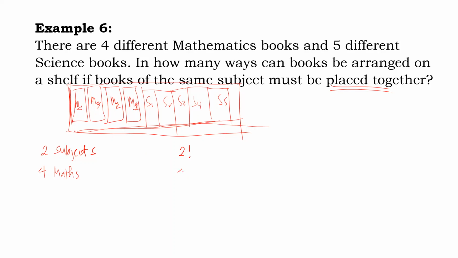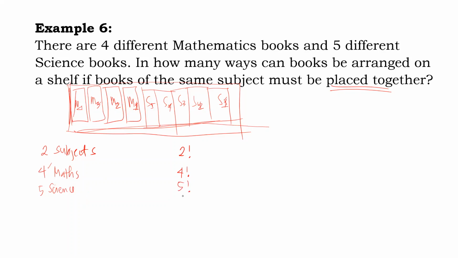So that is 4 factorial since 4 sila. Science. Meron tayong 5 science books. So, pwedeng ganyan yung arrangement. Pwedeng nandito si 5, pwedeng nandito si 1. Another arrangement, pwedeng nandito si 4, pwedeng nandito si 2. So for 5 science books, you have 5 factorial.